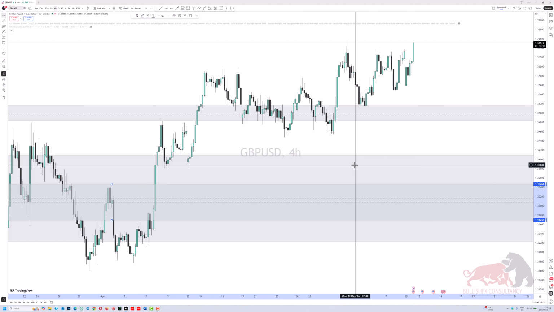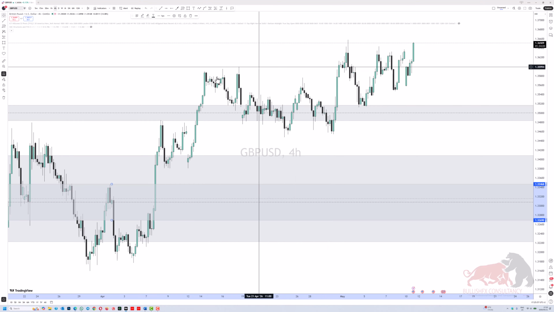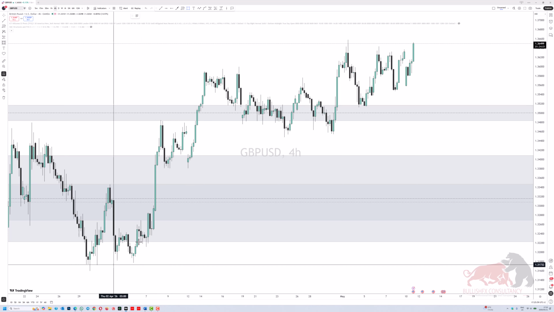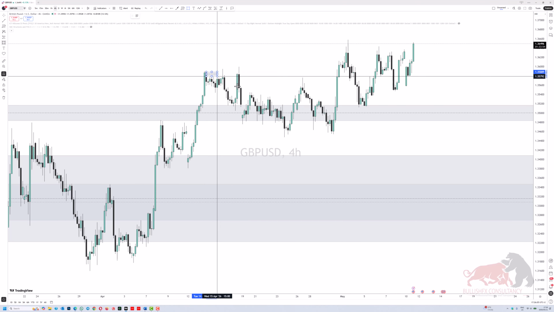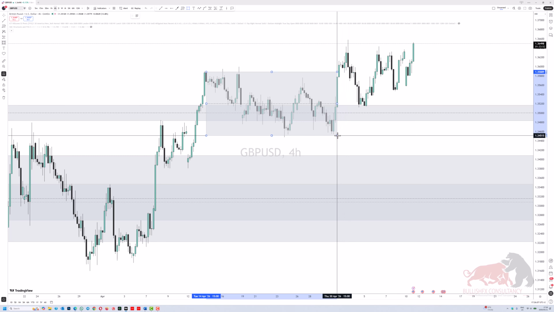When we zoom into the H4 time frame, we can see that after the impulsive bullish expansion, price entered a consolidation. There's the bullish expansion from the monthly imbalance, the monthly fair value gap. But after that, we went into a consolidation, right? From April 14th to April the 13th, we had price stuck in a consolidation.